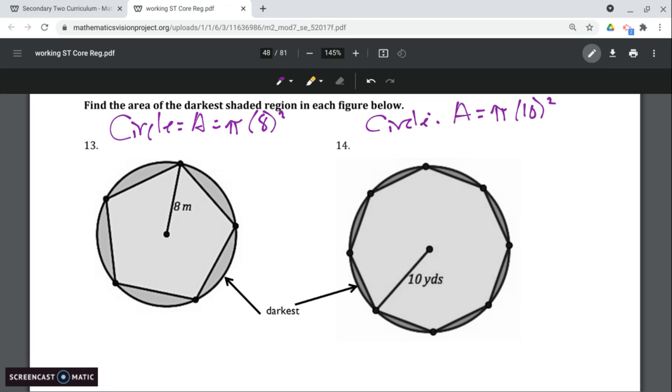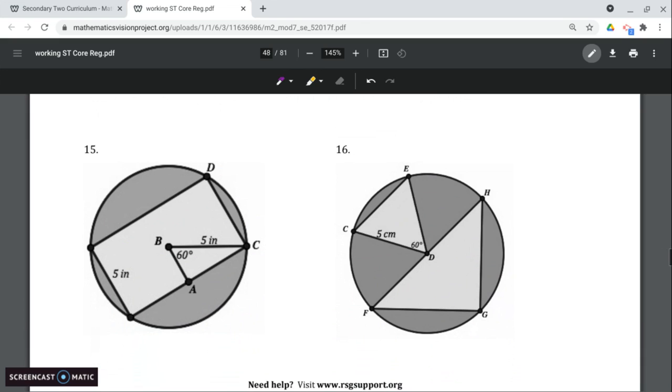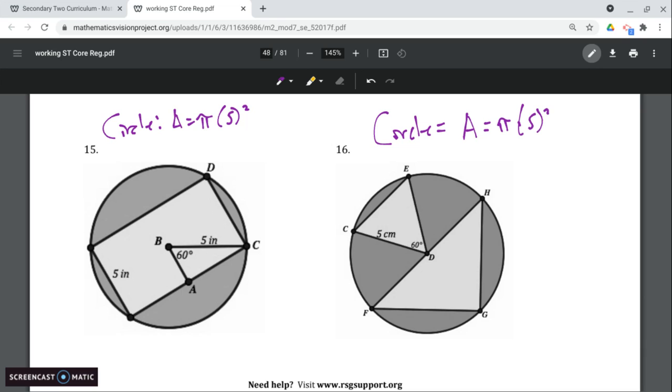So use that to help you get started on those. Here the circle area equals pi 5 squared. And this last one, our circle area equals pi 5 squared as well.